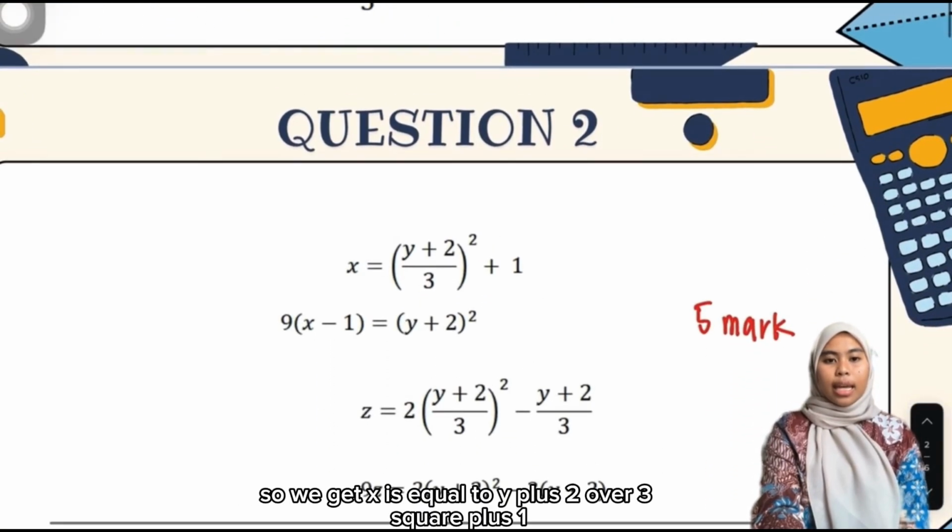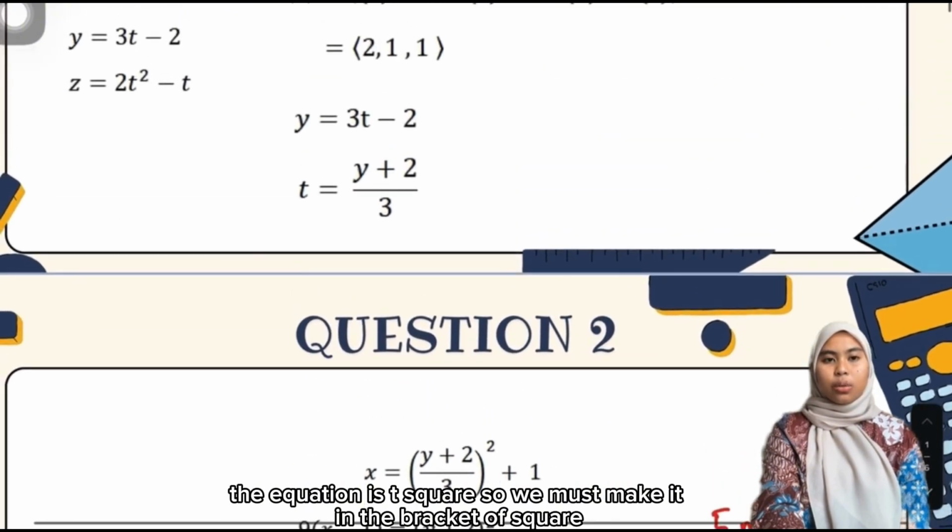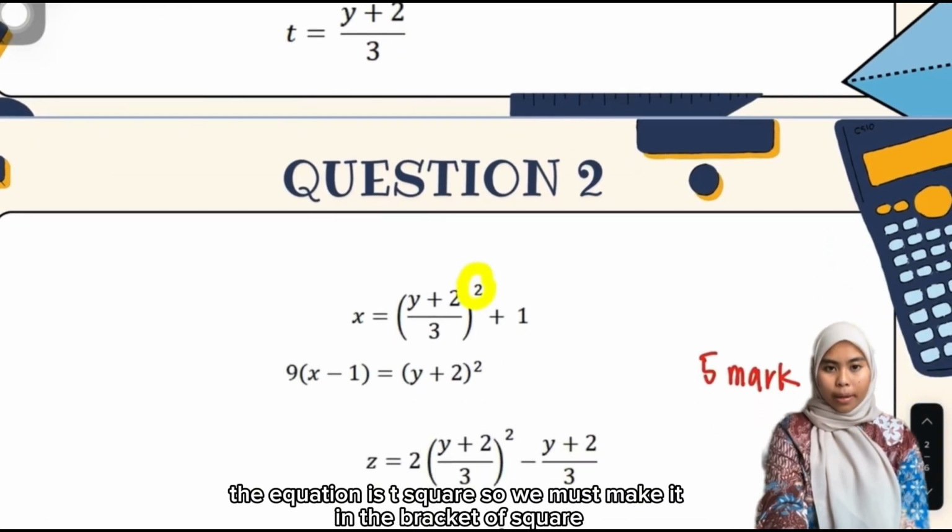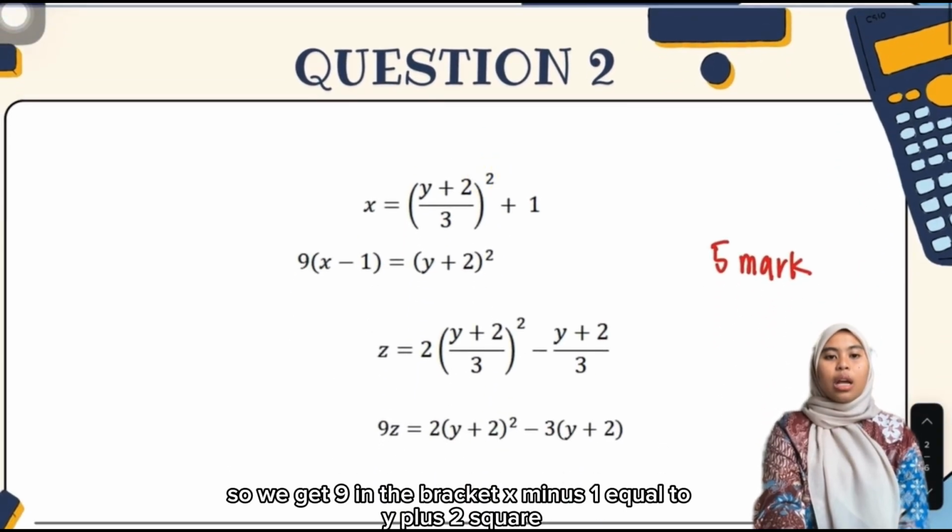So we get x = ((y + 2)/3)² + 1. The equation is t squared, so we must make it in the bracket of square. So we get 9(x − 1) = (y + 2)².